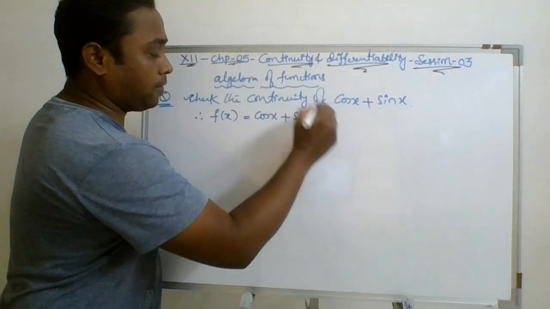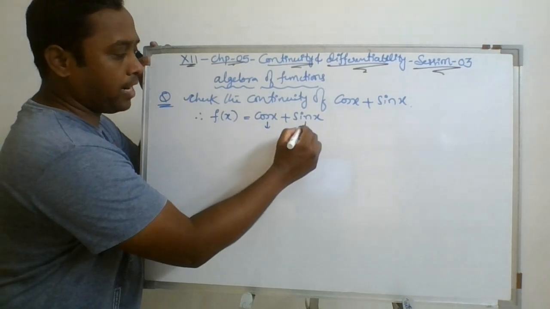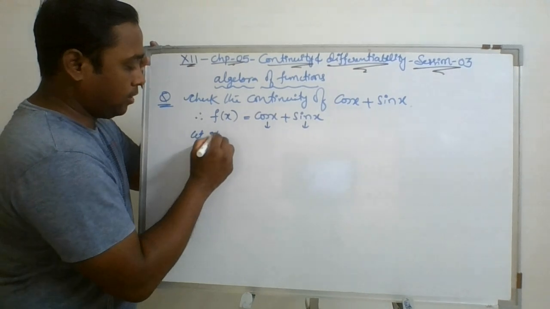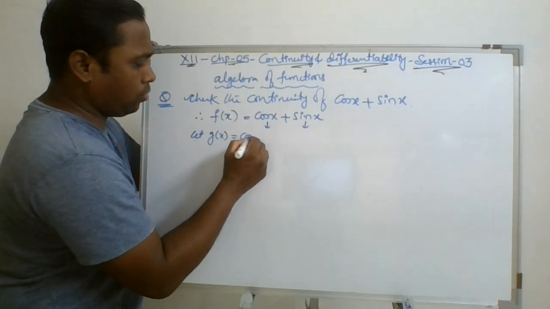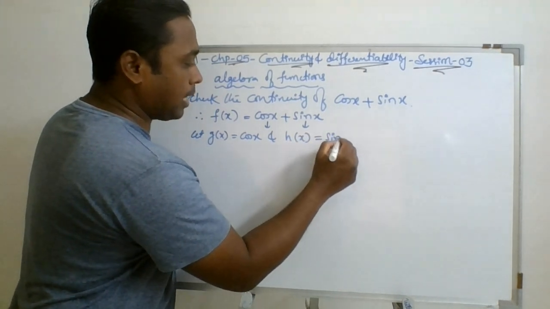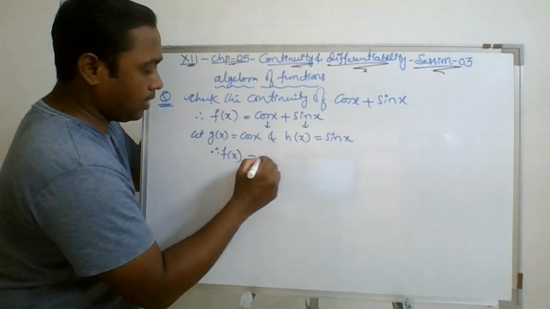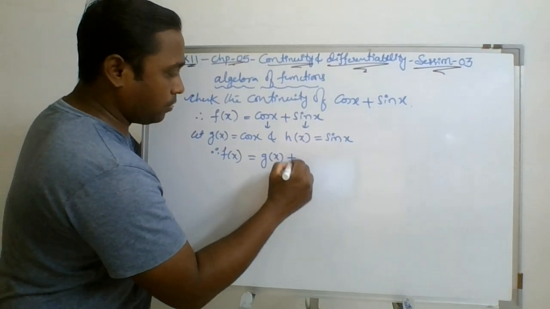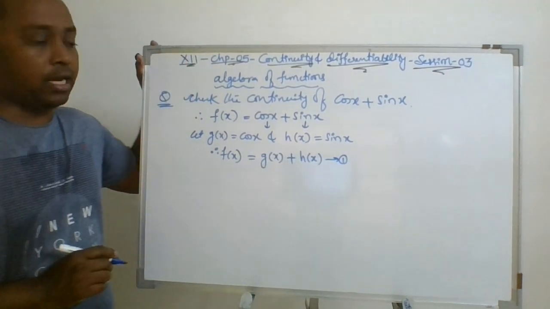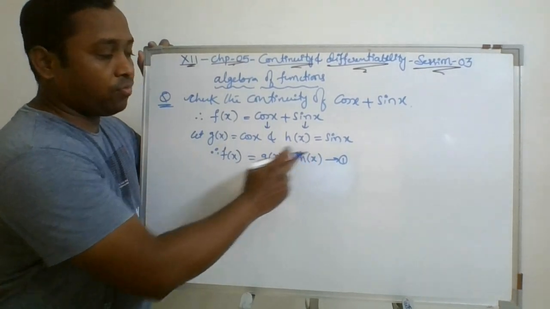Let g of x be equal to cos x and h of x be equal to sin x. Therefore, the function f of x is written as g of x plus h of x, equation number 1, by assuming that. Now, find the domain of the functions which are involved.